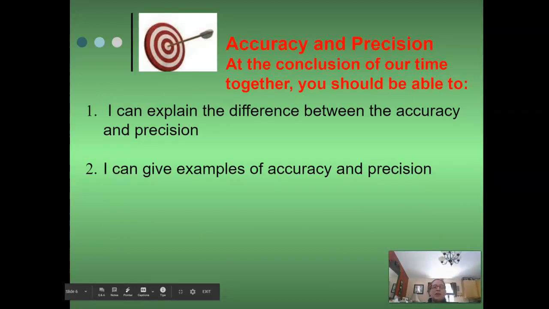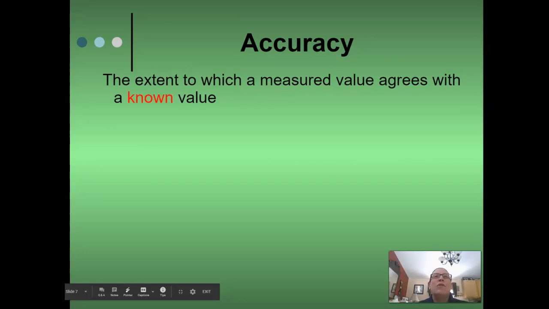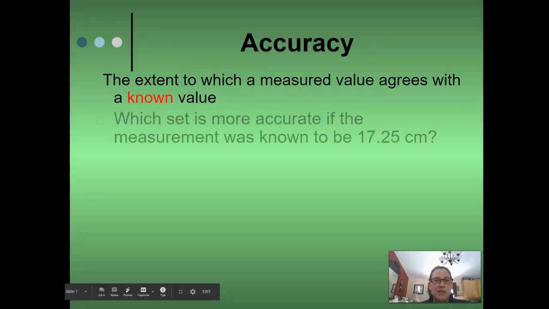In terms of accuracy and precision, you should be able to explain the difference between the two and give examples of both. It's going to be a little harder than I thought. Here we go. So accuracy, you need to have a known value in order to determine how accurate your measurements are. If you don't know the known value, it's hard to determine your accuracy.